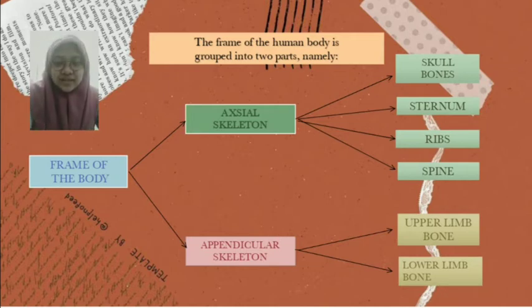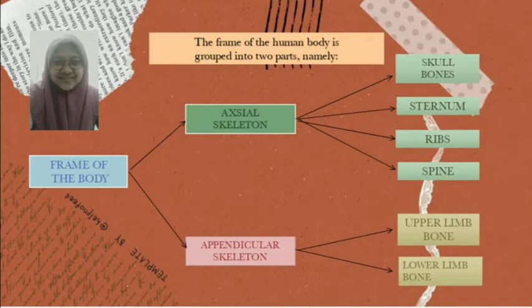Axial skeleton consists of 4 parts, including first, skull bones, 2. Sternum, 3. Ribs, and 4.